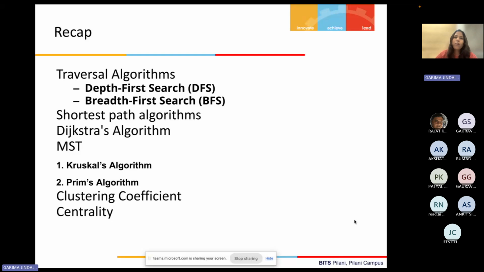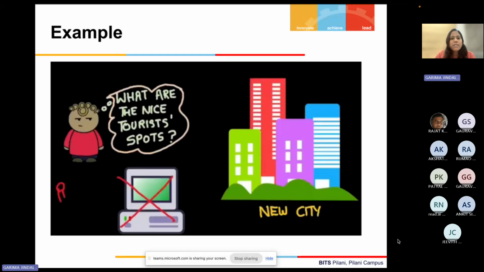Before we move on to the mathematical part of eigencentrality, I would like to start this lecture with a small, very interesting example. Suppose you visited a city, maybe Mumbai.